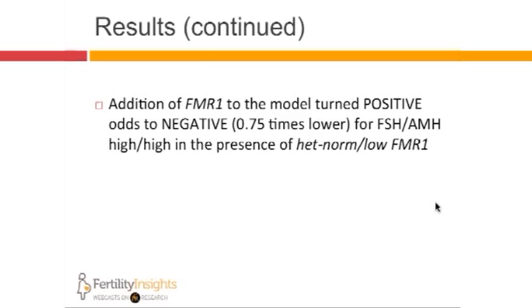All the positive findings associated with high FSH and with high AMH completely disappeared and indeed turned to a negative, 0.7 times lower pregnancy chances, if the woman had what we are calling a heterozygous normal low FMR1.